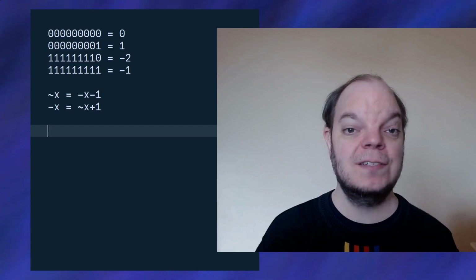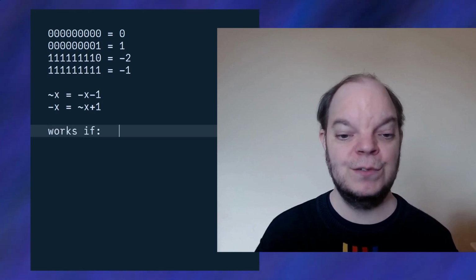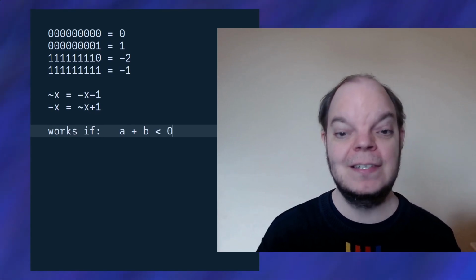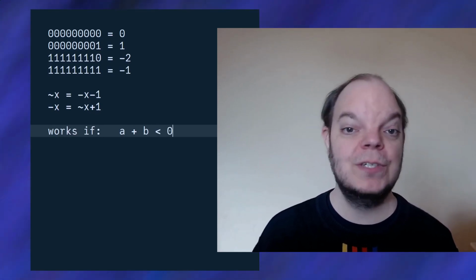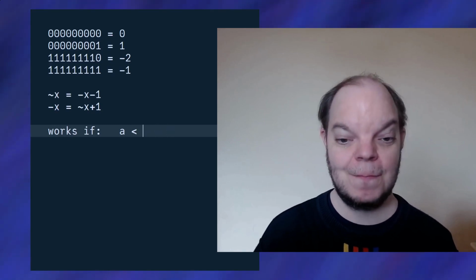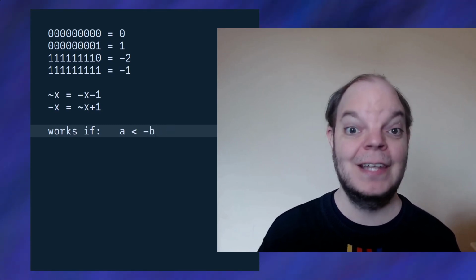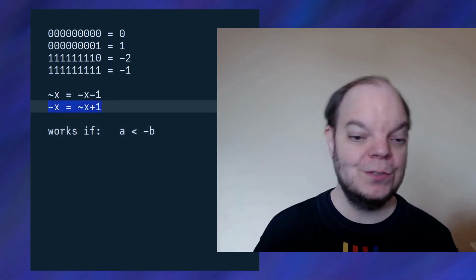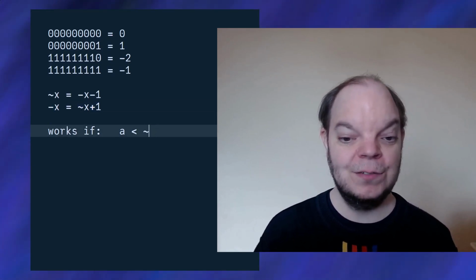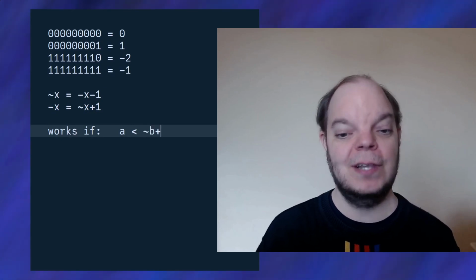Now we said that the addition function works fine if a plus b, in other words the result of the addition, is negative. Well, we can rearrange this equation by subtracting b from both sides. We get a is less than negative b. And now we can use the formula that we've just derived to replace that negative b with bitwise not of b plus 1.